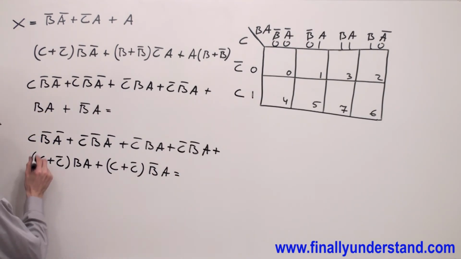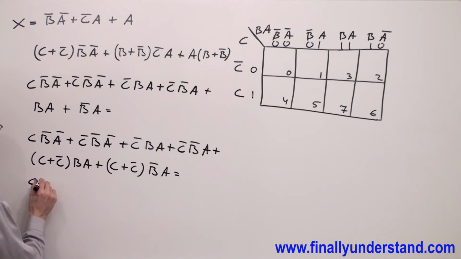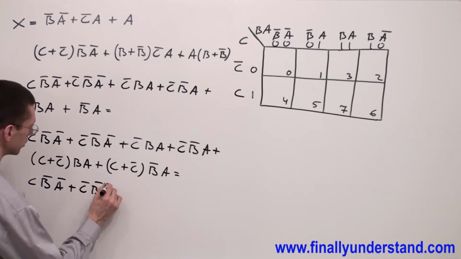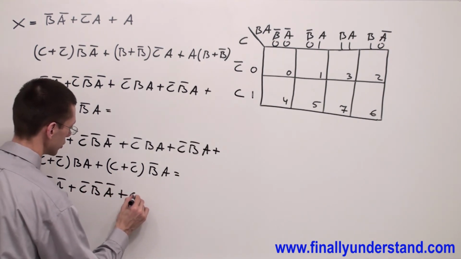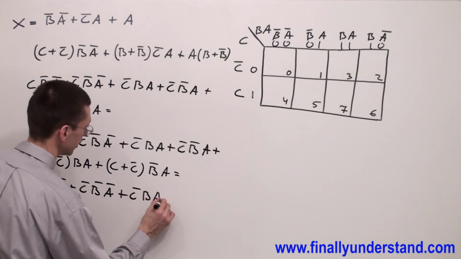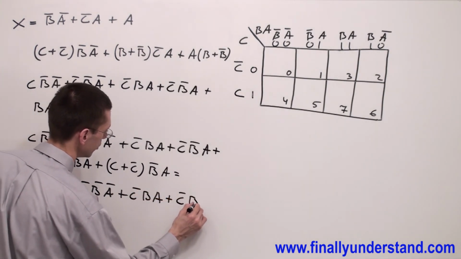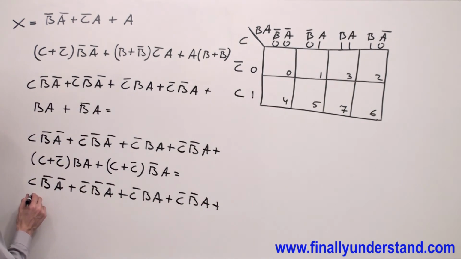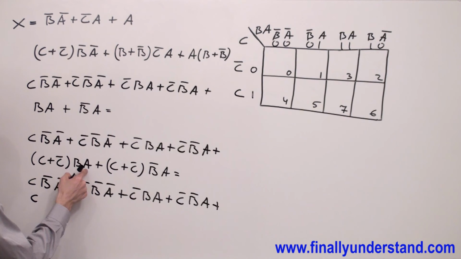I have again C, B naught, A naught, or C naught, B naught, A naught, or C naught, BA, or C naught, B naught, A, or this time I'm going to have C, B, A.